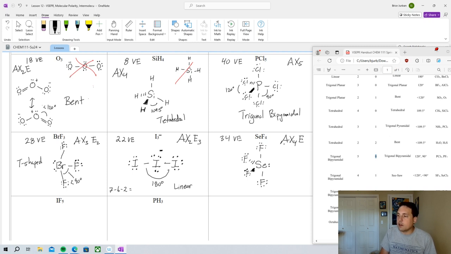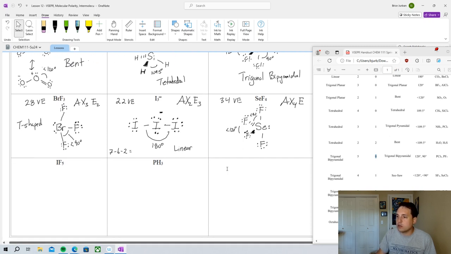We have 2 sets of bond angles here. These electrons are going to push on the axial atoms, and it's going to affect their geometry. So these are going to be now less than 90 degrees. And these atoms, these also get affected, I believe, to be less than 120 degrees.